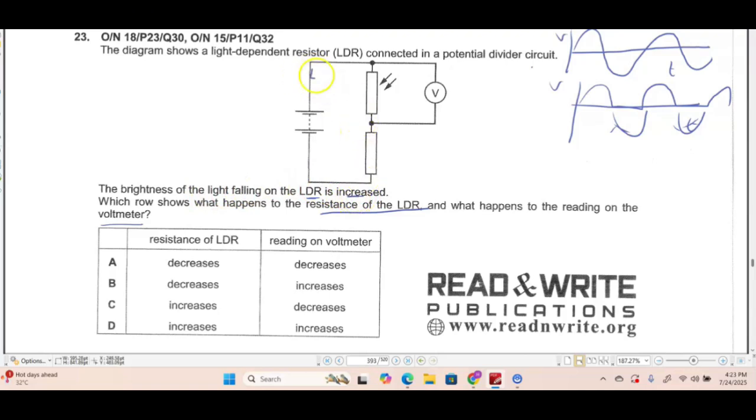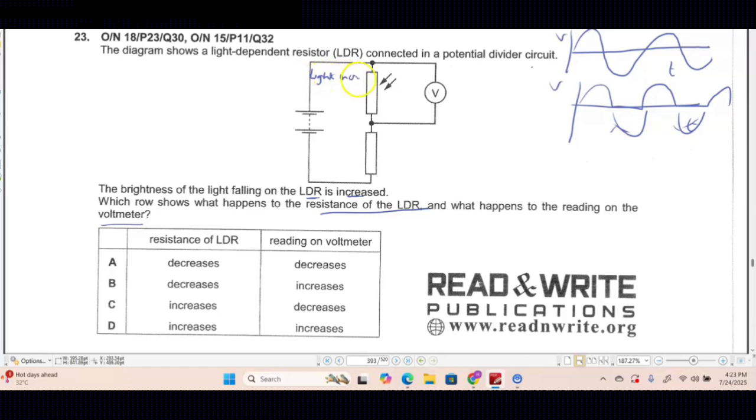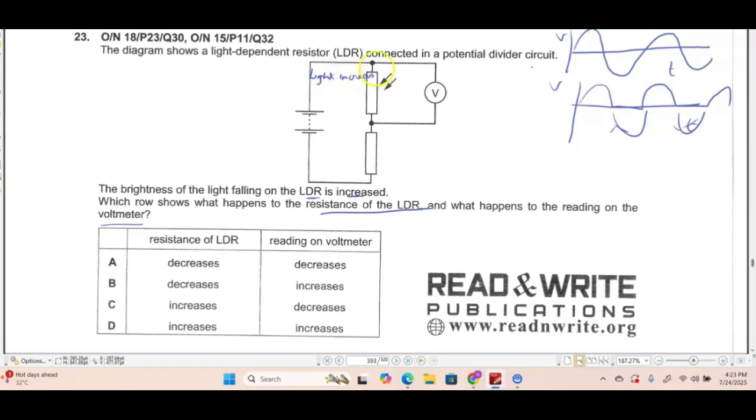So when light falling on the LDR increases, the resistance of the LDR decreases. Okay? And as the resistance has decreased, the value over here on the voltmeter is going to decrease as well. Okay? So we are going to look at the options where the resistance of the LDR has decreased because the light increased.